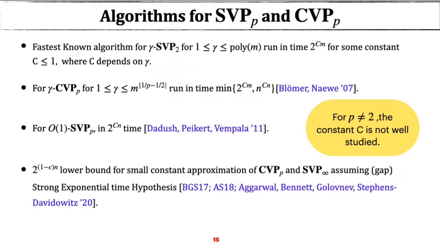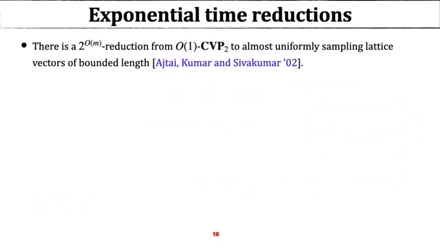So assuming that we can't solve lattice problems in better than exponential time, it's good to talk about exponential time reductions. There has been some work in exponential time reductions, and the first work in this direction was by Ait Kumar and Sivakumar.